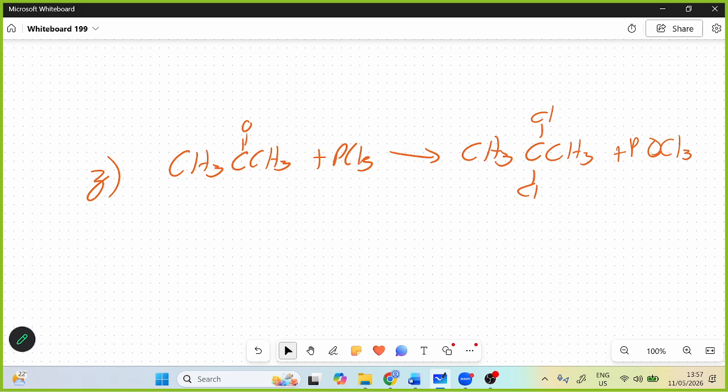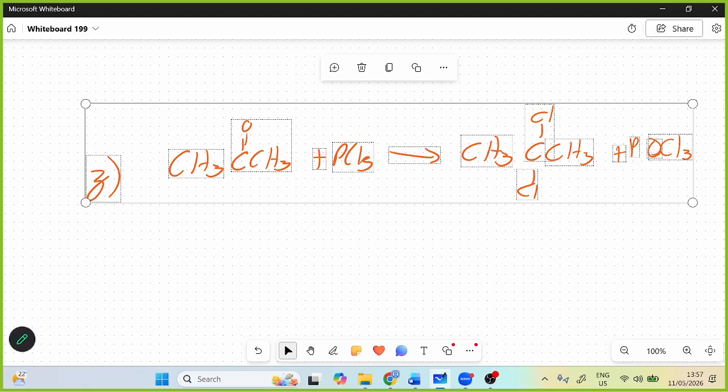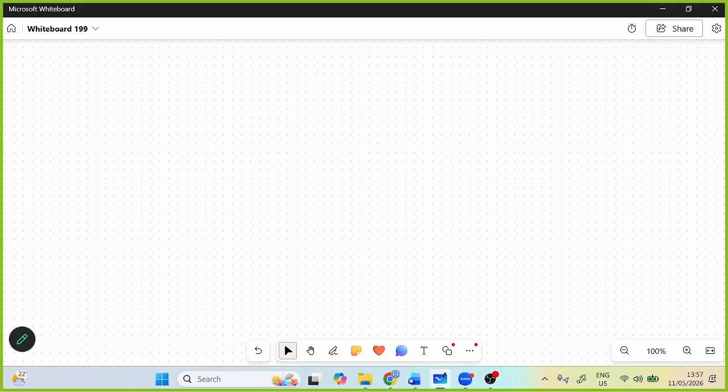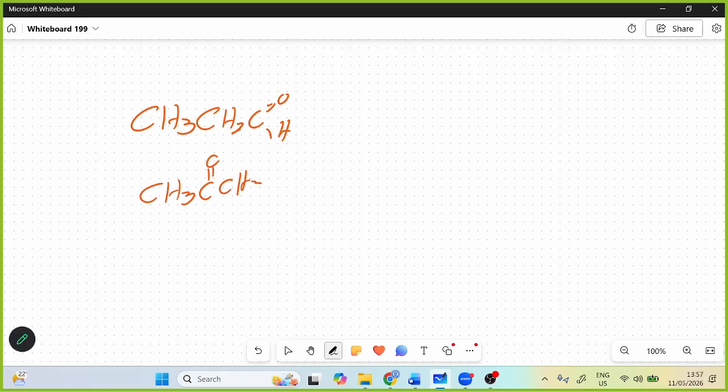And then we have the reductions of aldehydes and ketones with either H2, NaBH4, or LiAlH4. These are all reductions. Okay, so propanal, propanone, propanal, and butanone. I'm not going to draw the propanal twice.